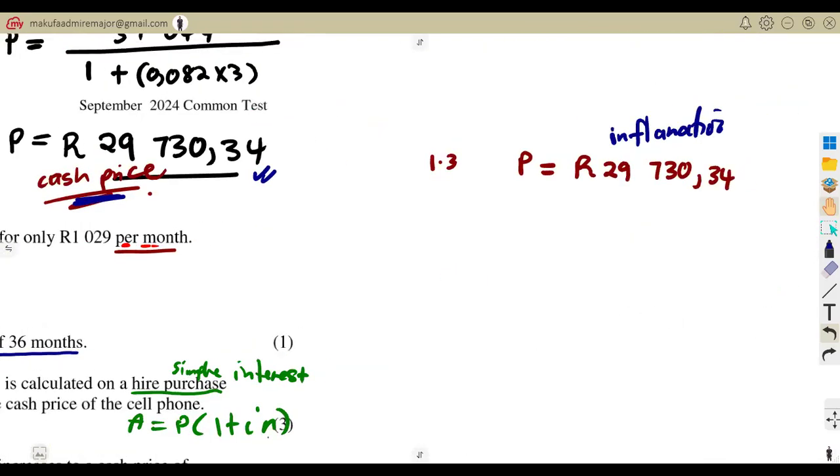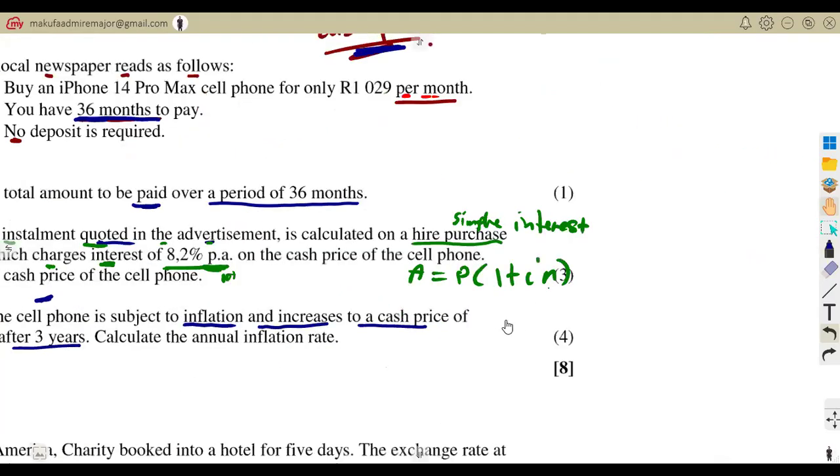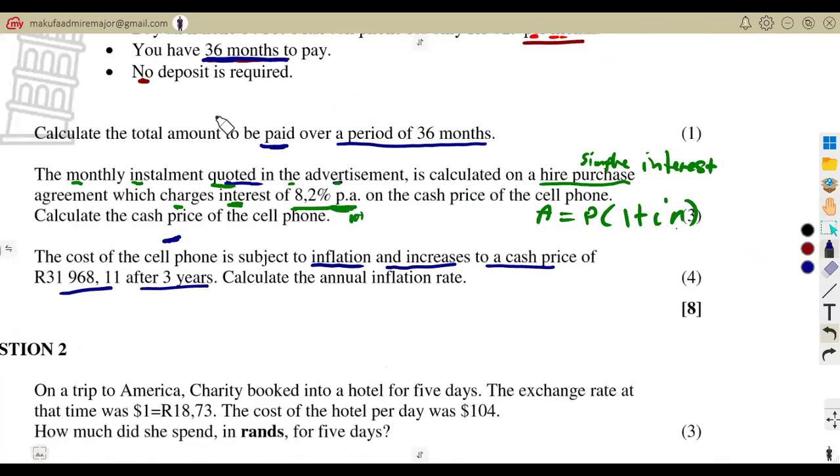Okay, we see this thing of rushing, guys. I'm now having double this, double that. Okay, no problem. So we are saying, if it is inflation that it is subjected to, we do know that the amount will increase. But inflation falls under what?